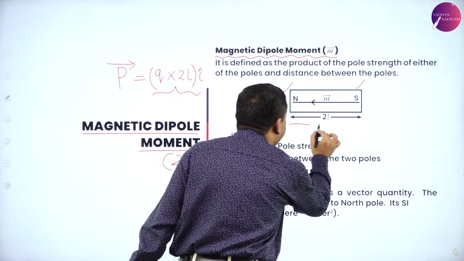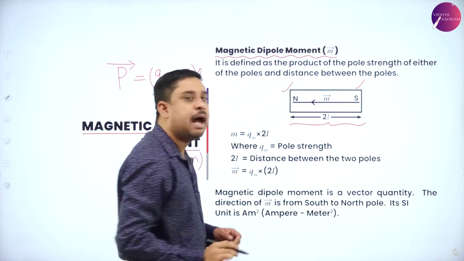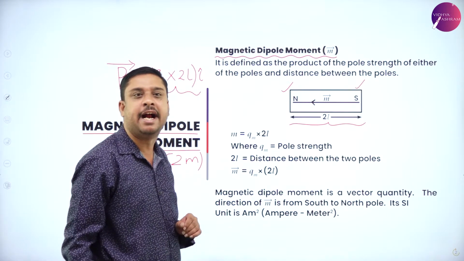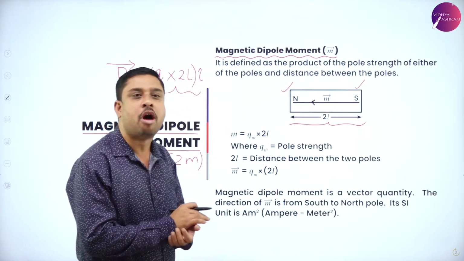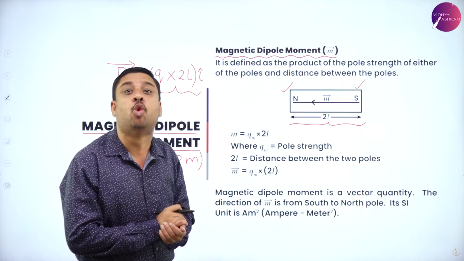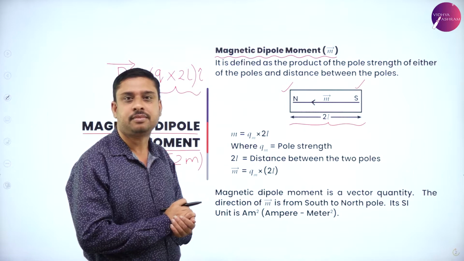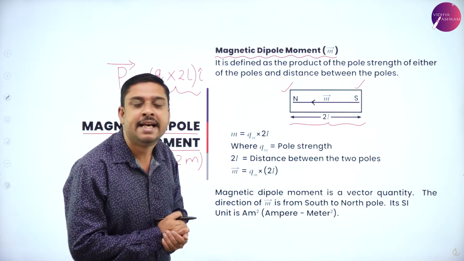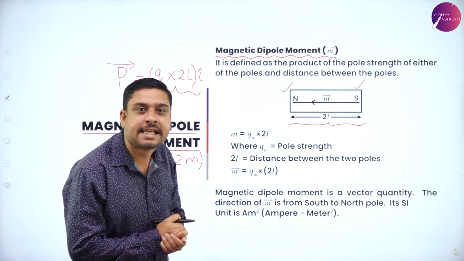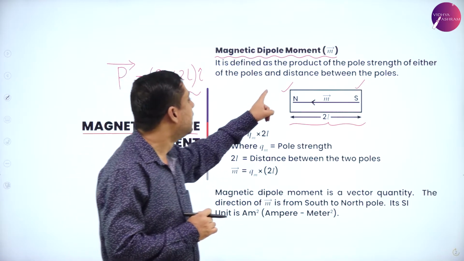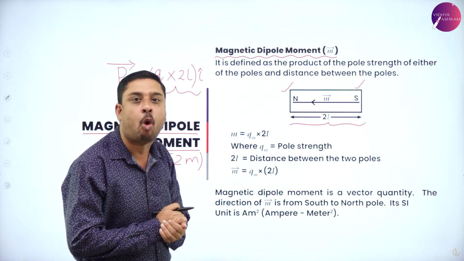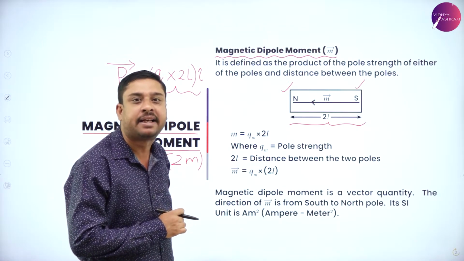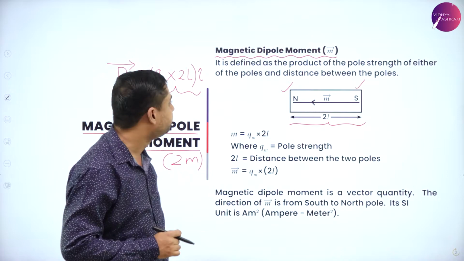And both the poles are separated by a distance which I call 2L. So 2L is the distance between the North Pole and the South Pole of the magnet.